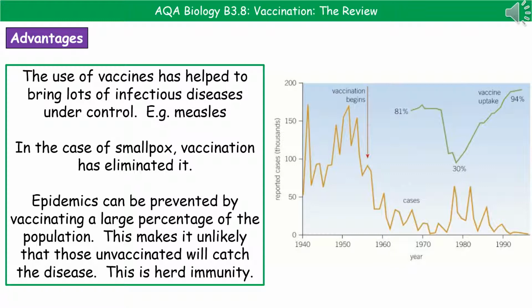Even those few people who are not vaccinated are less likely to catch the disease because everyone around them is vaccinated, so it's harder for it to spread from one person to the next. That principle is called herd immunity, where the majority are vaccinated and that protects everyone within the group.